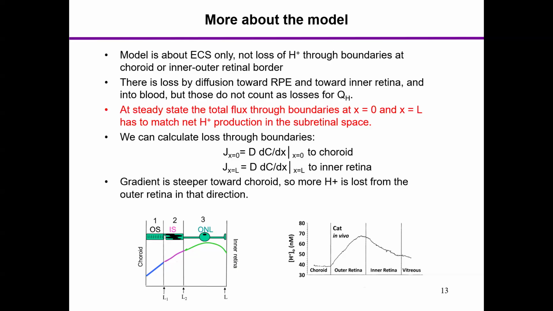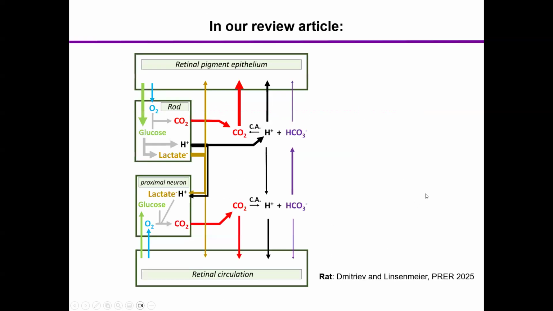We can calculate the flux through the boundaries because it's just the diffusion coefficient of hydrogen ion times the gradient. And because the gradient is steeper in the outer retina, we know that more of the hydrogen ion has to be lost through the RPE than is lost into the inner retina. But we haven't quantified either of those.